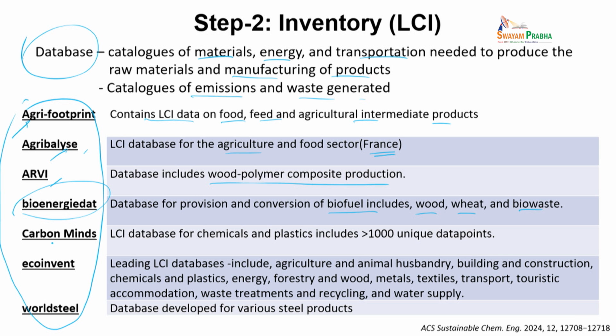And this carbon mine has more than 10,000 unique chemicals and plastic products, and the corresponding inventories are there. And this eco inventory seems to be by large the commonly used database. It's very large, and you can see the kind of sectors it can cover. It covers agriculture, animal husbandry, building, construction, chemicals and plastics, energy sector, forestry and wood, metals, textiles, transport, even touristic accommodations.